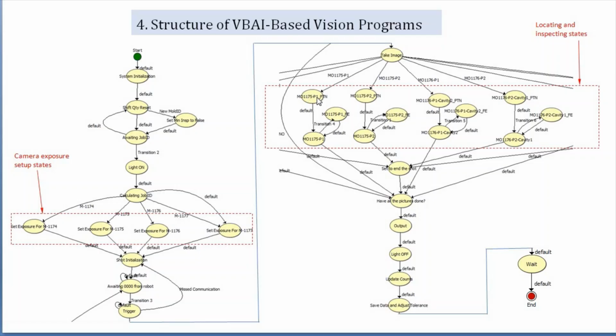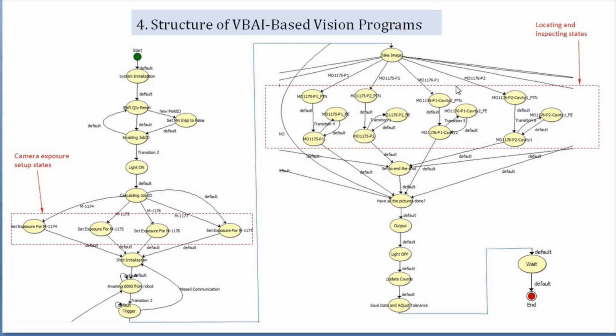For instance, this is for job 11, mode 1175, picture number 1, and here is also 1175, picture number 2, and here is for another mode, another job.